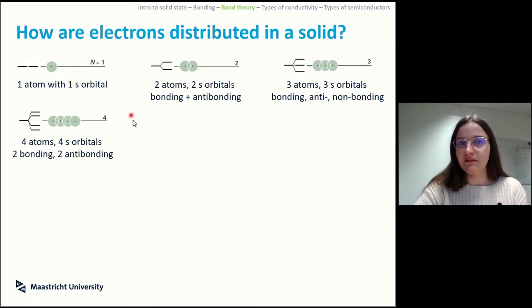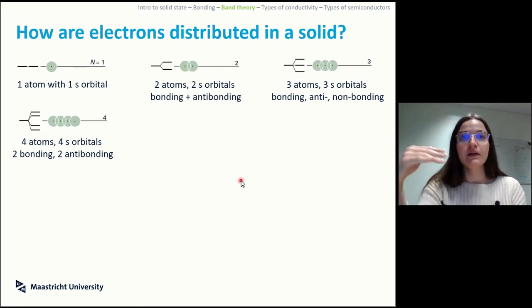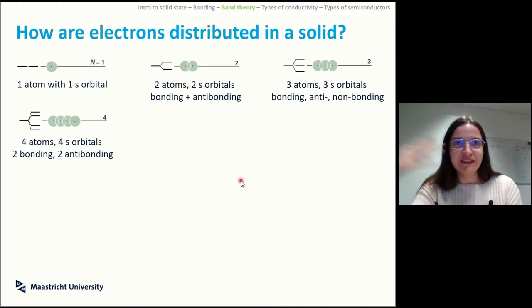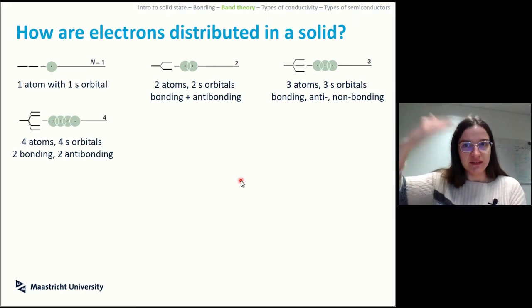So if you keep adding atoms and atoms and atoms, you will end up with 6 atoms, meaning 6 bonding, 6 anti-bonding, or 11, 12, 25, 55, 120 bonding, and 120 anti-bonding.